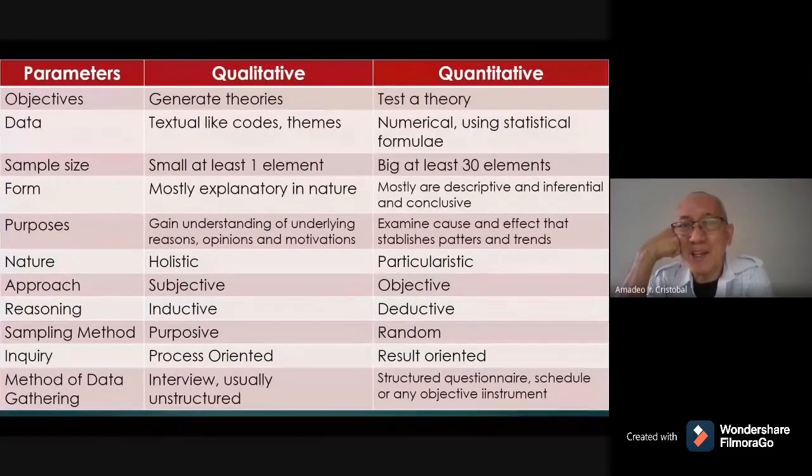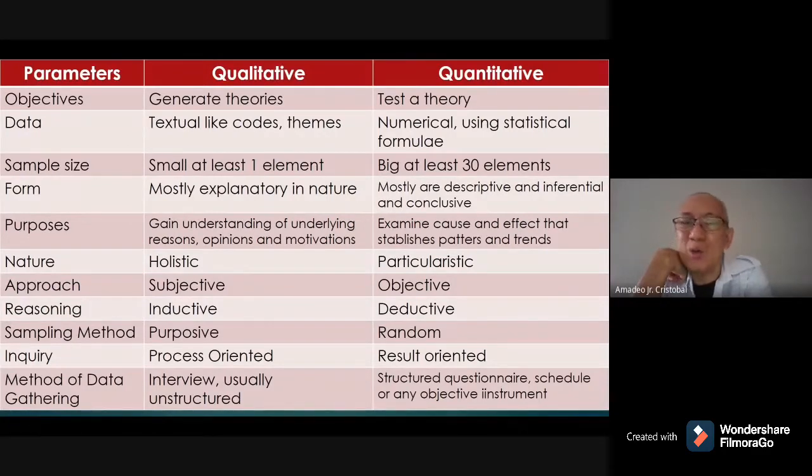Or you can be like Darwin, the theory of evolution. Evolution theory, the environmental theory of Nightingale, are all results of qualitative research, because qualitative research is made to generate a theory, while quantitative research is to test a theory.